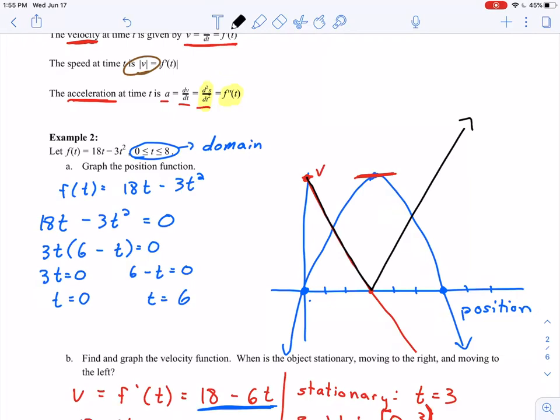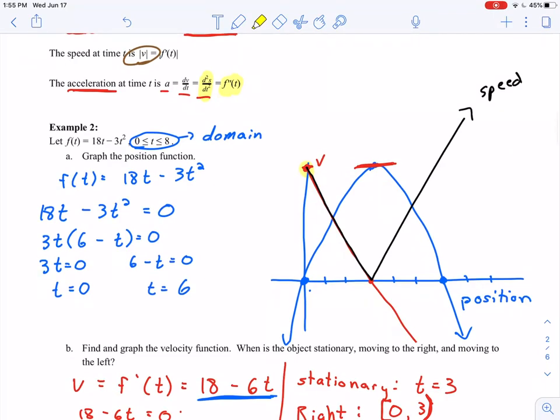And this black line that I've drawn in, this is speed. What I want to do for this graph is imagine what's happening over time. So what's happening to my speed right here? It starts off at 18 meters per second.